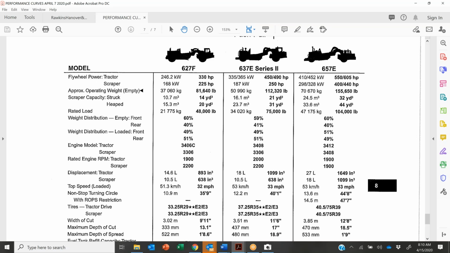Our gross vehicle weight empty is 112,320 pounds, and our gross vehicle weight loaded is 112,320 plus 75,000, which is 187,320.